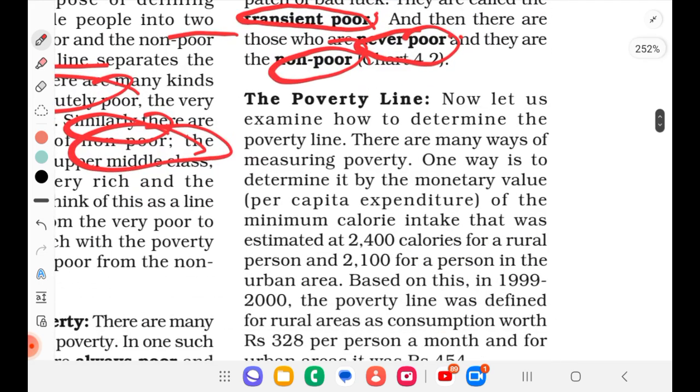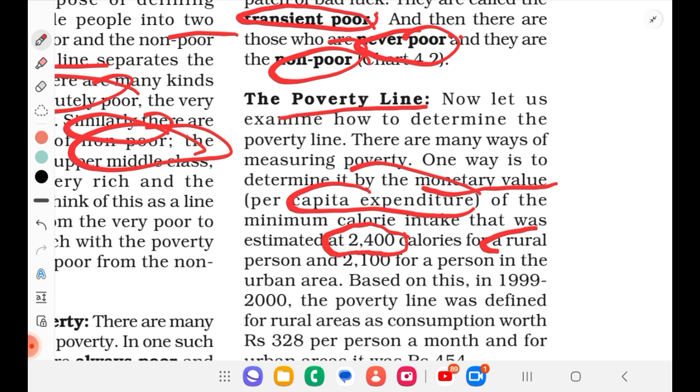The poverty line. Now let us examine how to determine the poverty line. There are many ways of measuring poverty. One way is to determine it by the monetary value, per capita expenditure, of the minimum calorie intake, which was estimated at 2400 calories per person in rural areas and 2100 per person in an urban area.